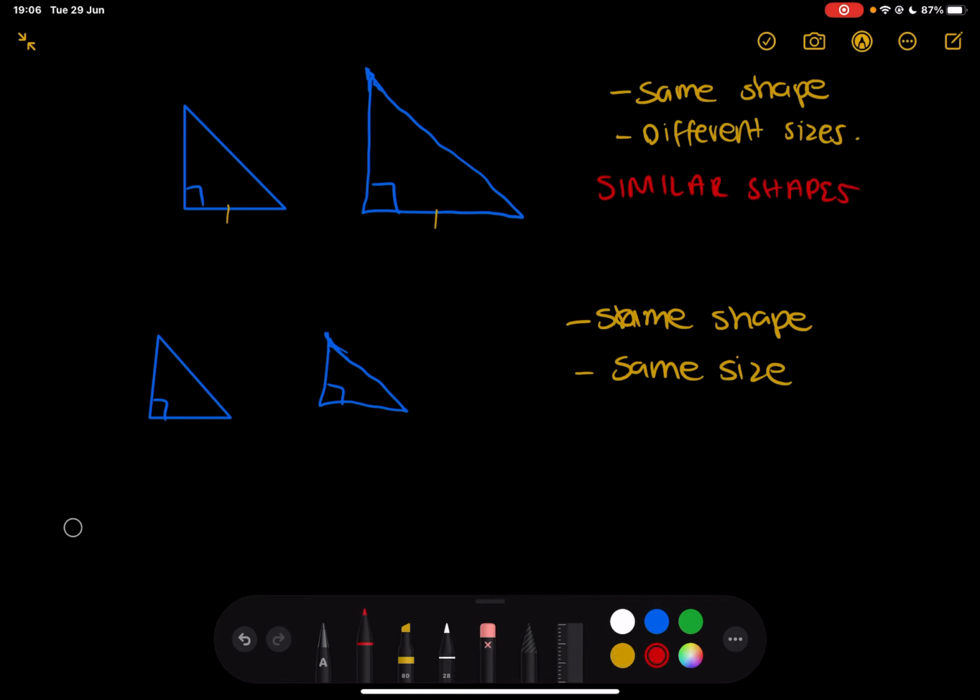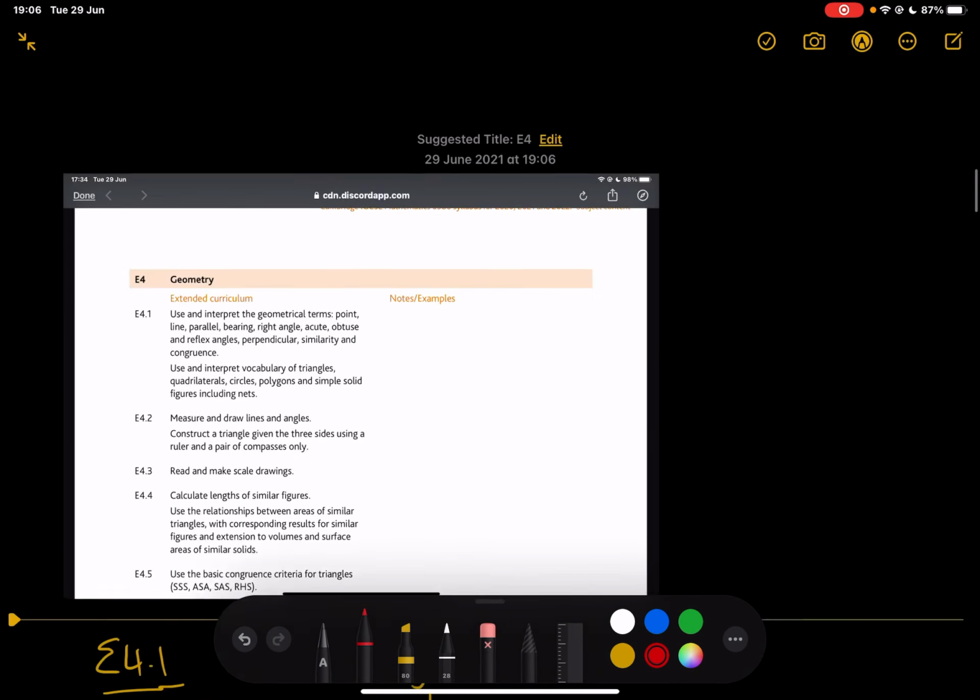So we call these congruent shapes. Okay. So, yes.